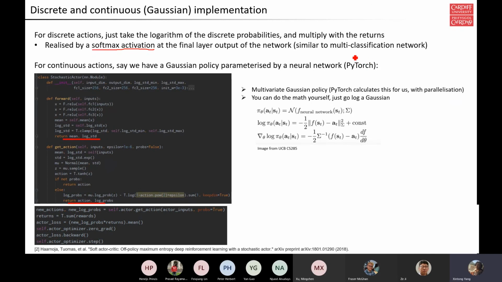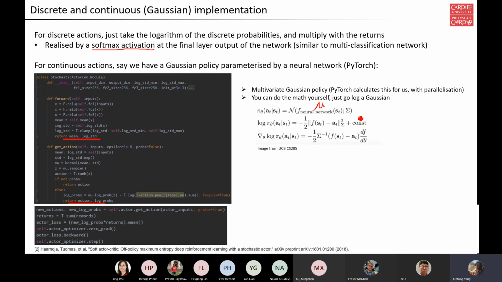This is cool, this is easy. But for continuous actions, it's a bit tricky, so it depends on the policy class that we choose. For example, if we choose a Gaussian policy class, a multivariate Gaussian policy class, our policy is represented by a neural network that outputs the mean and some standard deviation. The standard deviation can also be output by the neural network, or it can be set to some constant like 1, an identity matrix.